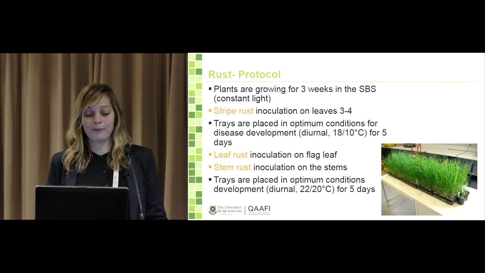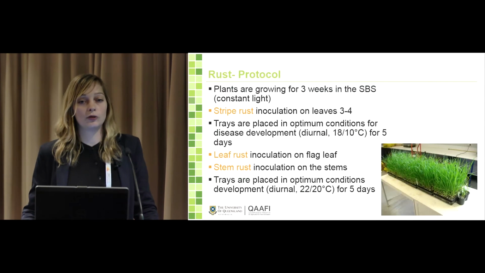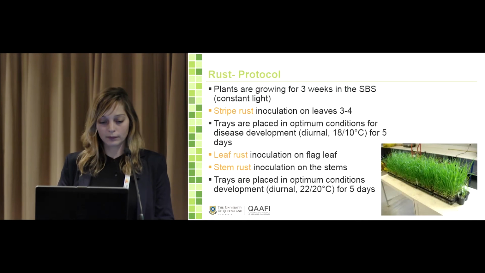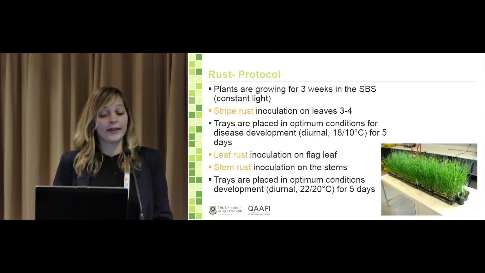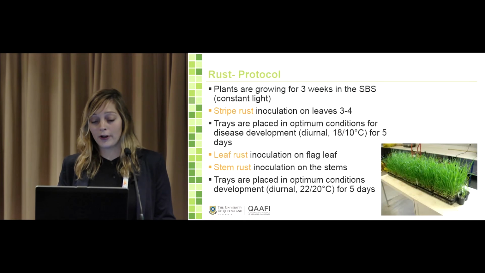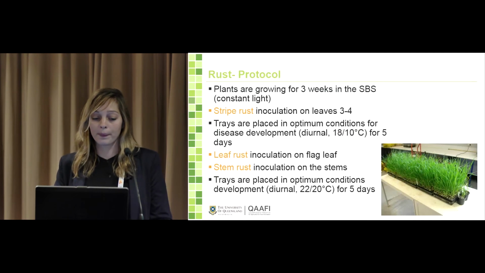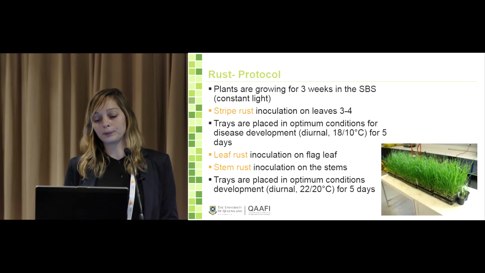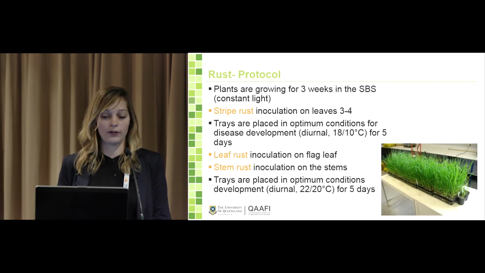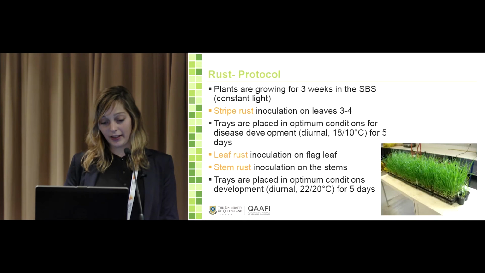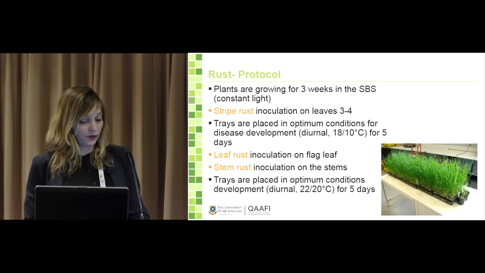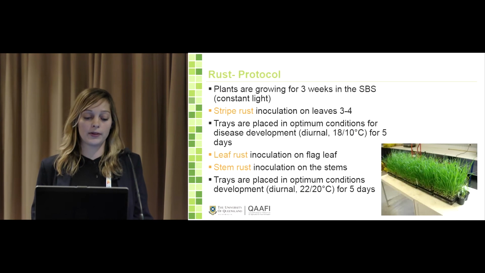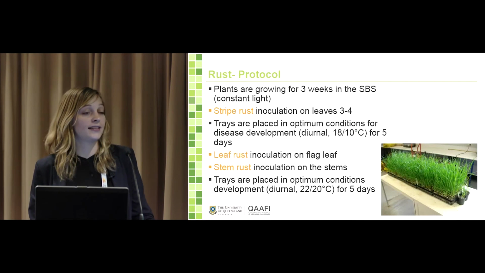So basically, the plants are growing in the speed breeding system for 3 weeks using constant light. So they're growing very fast. Then we inoculate stripe rust on leaf 3 or 4. Then the trays are put back in the optimum conditions to allow the development of the disease. For 5 days, the plants are assessed for stripe rust, and then they are inoculated with leaf rust and stem rust.